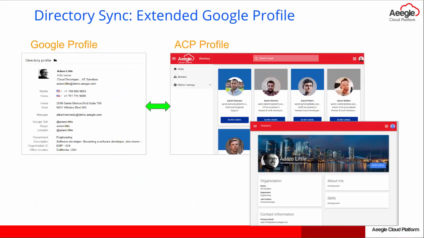So now, talking about the integrations between ACP and Google Directory, for the G Suite customers, ACP provides an extended Google profile and directory. So as you can see in the slides, on the left hand side we have a Google profile, and on the right we have the ACP profile. Let me go to the application itself and show you.